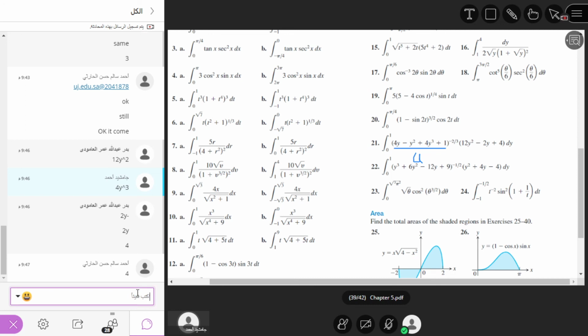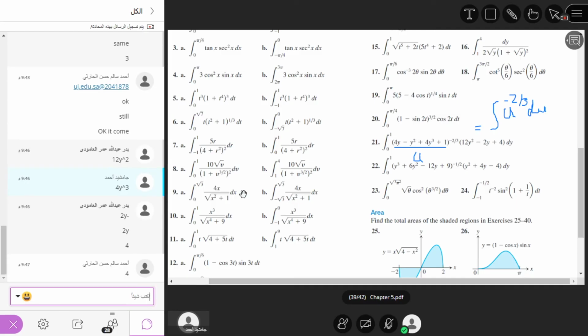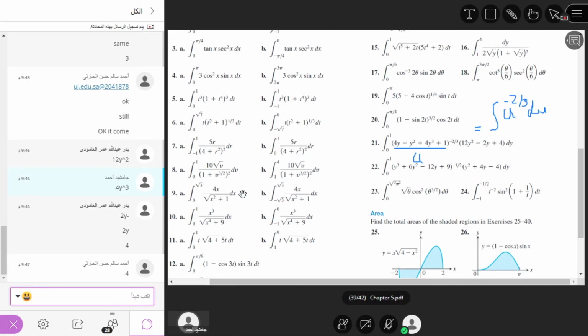So what is the derivative of u with respect to y? So this integral, other than here, just the lower and upper limits will remain. So this integral will be u power minus 2 divided by 3 du.